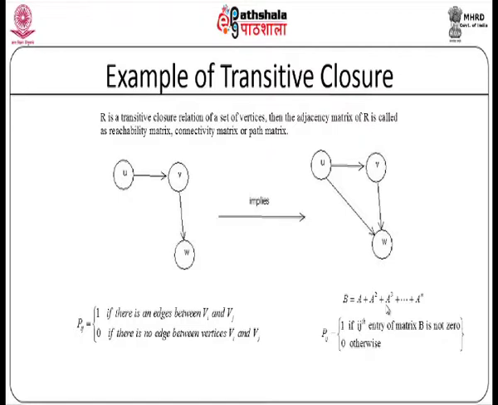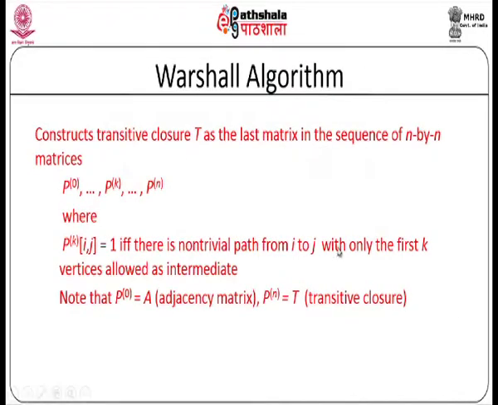That faster version is guaranteed by the dynamic programming approach. The important algorithm for doing this particular task is called the Warshall algorithm. The Warshall algorithm is very simple. It starts generating the path matrices P0, up to Pk, up to Pn. So, this 0, k, n represents the iteration number.